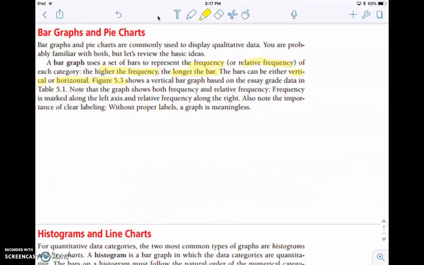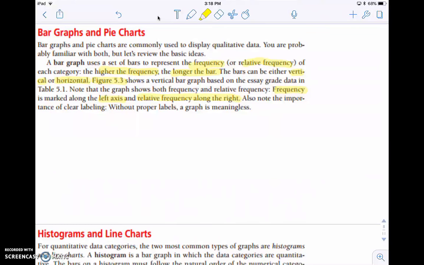One of the key things when you're looking at bar graphs or pie charts is to make sure that things are labeled properly. If you're making a frequency table and the frequency is marked along the left axis, and relative frequency along the right axis, you want to make sure that you have clear labeling.